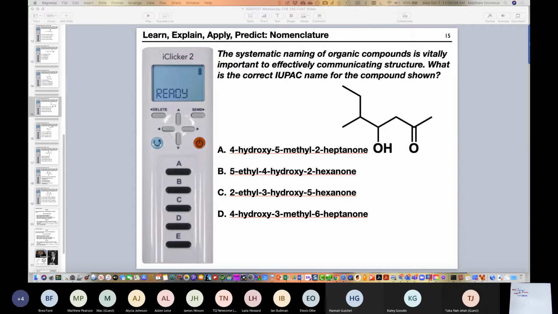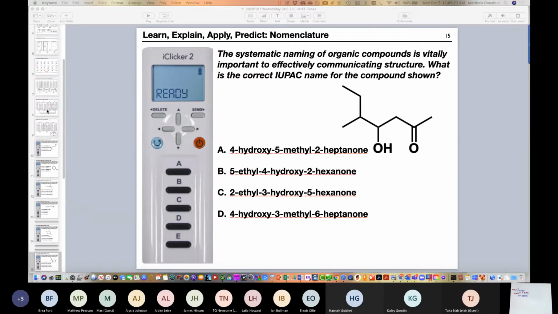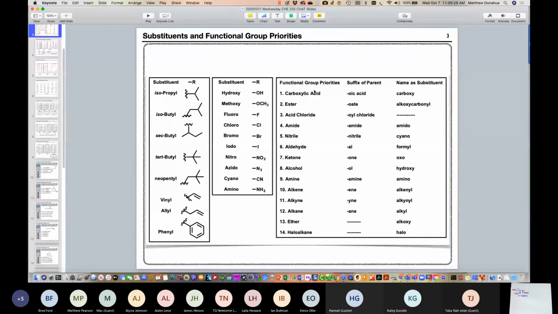Taka is fast on the draw here and says it's a ketone. That's correct. The reason we do that, let me scroll back up on the slide deck to show you the functional group priorities. I'm circling that box now.